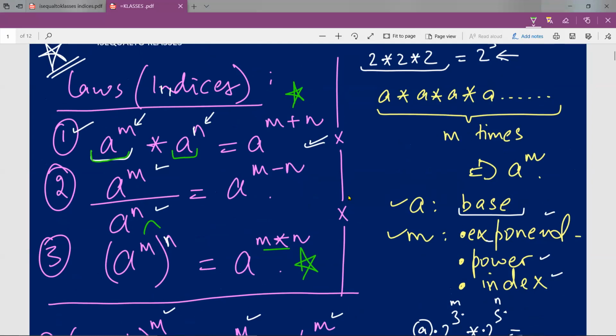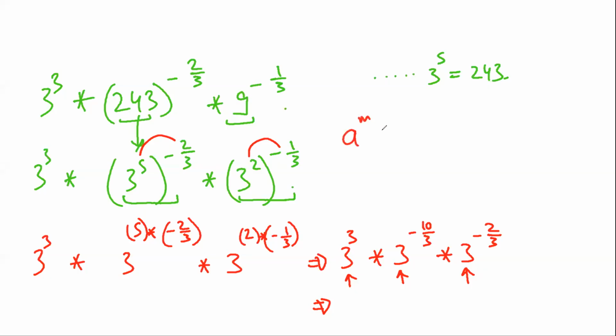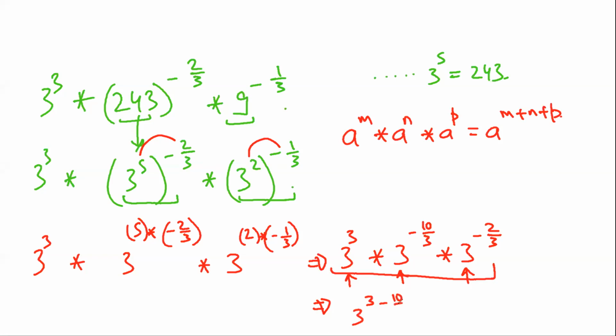It would look something like a raised to power m into a raised to power n into a raised to power, let us say p. This would be equal to a raised to power m plus n plus p. So this whole would be equal to 3 raised to power 3 minus 10 by 3 minus 2 by 3.